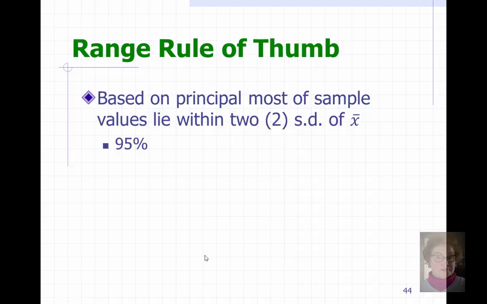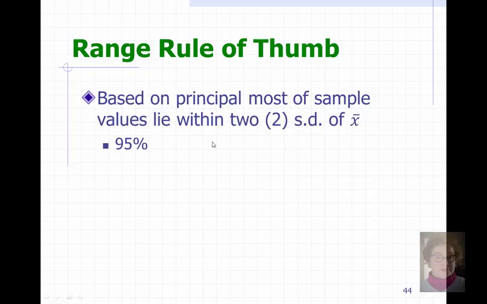Now, range, remember, is the difference between the top and the bottom. We're going to talk about normal distributions in chapter 5, I believe, and we'll talk about this a little more.